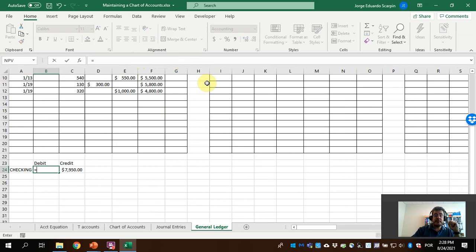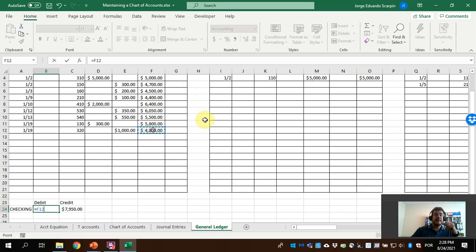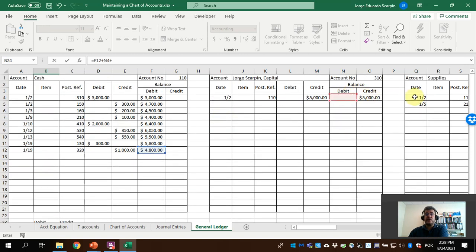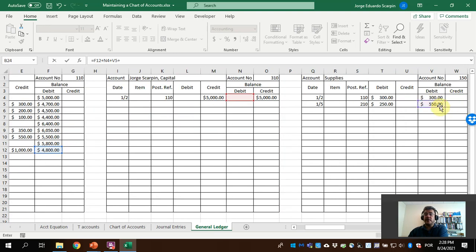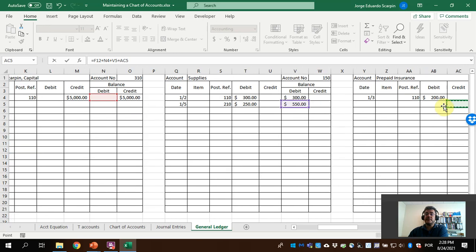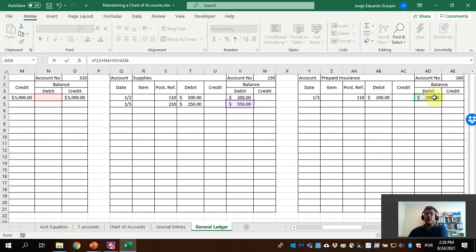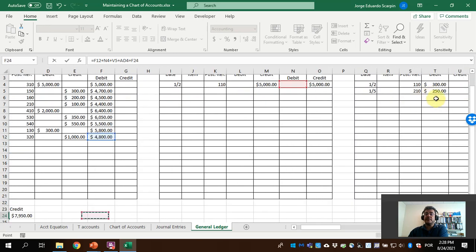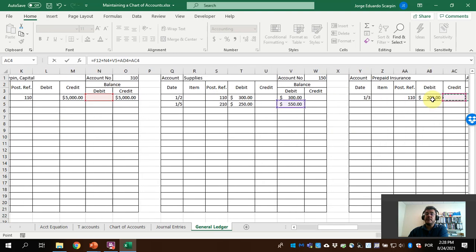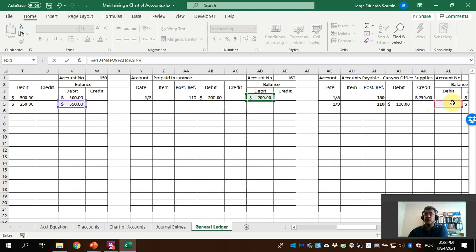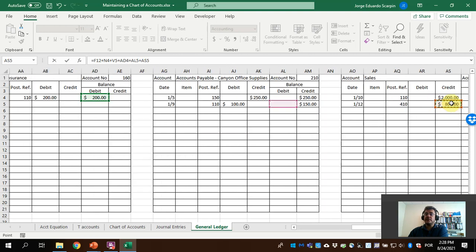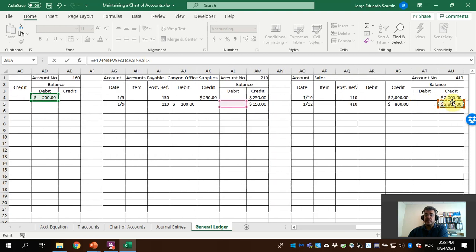Let's delete it. Start it all over again. The first one plus. The second one plus. The third one plus. The fourth one plus. The fifth one plus. Sixth one plus.